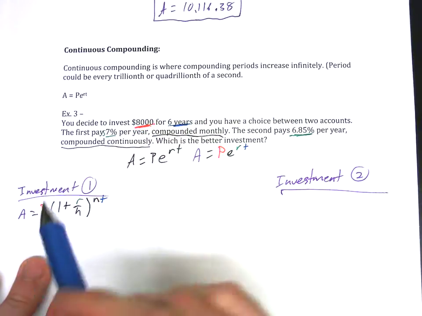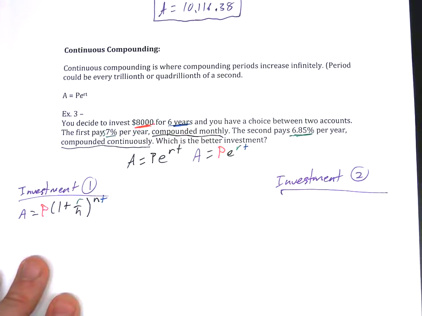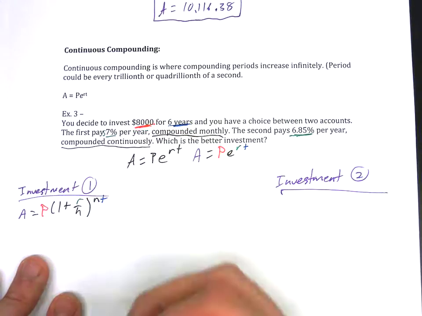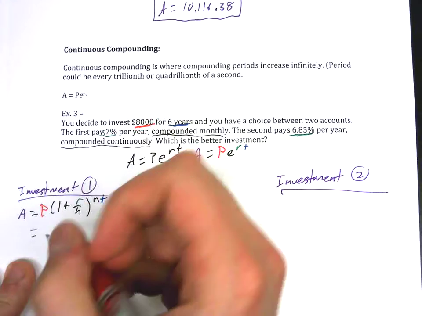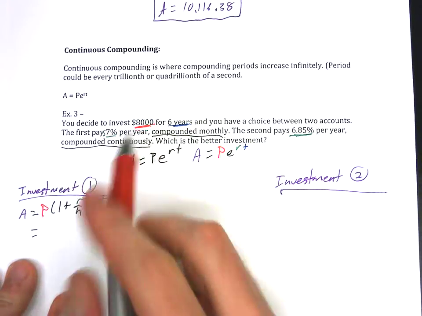So let's go ahead and do investment 1 first. I'm going to blow through it because we did one up above like this. So go ahead and plug in our principal, which is $8,000.